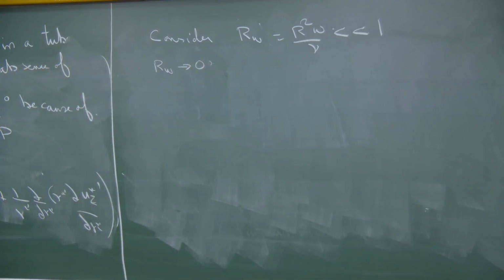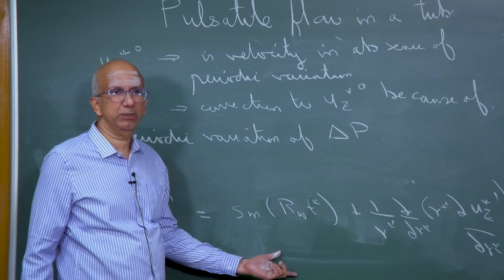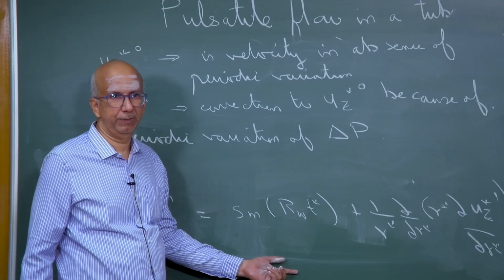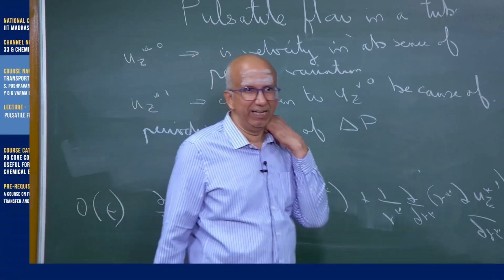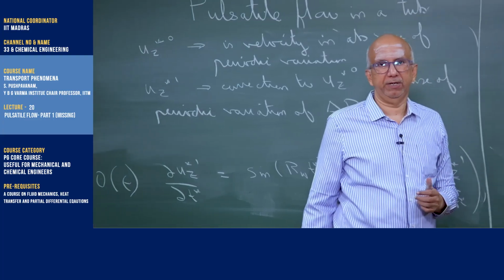So, now if I put Rw 0 here in this problem, okay, what do I get? I will get u z star of 1 is defined by a flow where there is no pressure gradient, and that is something clearly incorrect, something is wrong, because I want to include the effect of the pressure gradient.